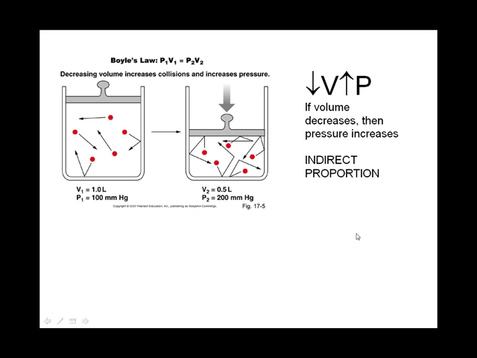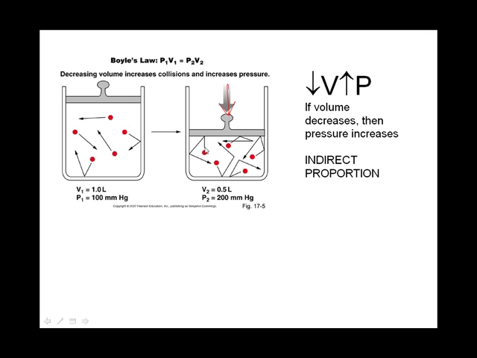So now let's talk about the relationship between volume and pressure. Here's my volume, and the gas particles are moving at a specific speed, and they're bouncing off the wall to create the pressure against the inner wall of this container. If I were to decrease volume by pushing this piston down, they're still going at the same speed.